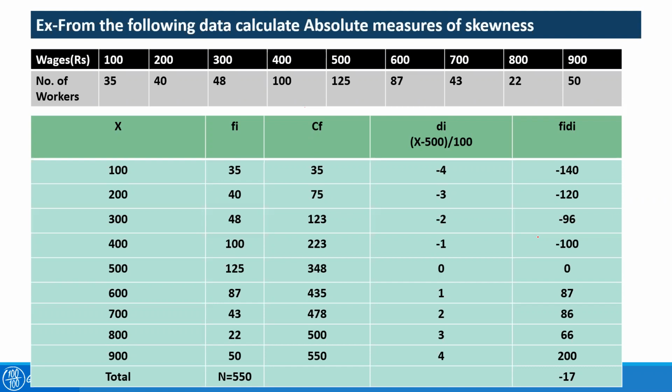Here the wages of a few people are given and the number of workers at each wage. At 100 rupees wage there are 35 people, at 200 rupees there are 40 people, similarly at 500 rupees there are 125 people, and 50 people are there at a wage of 900. We need to know how the data is distributed.